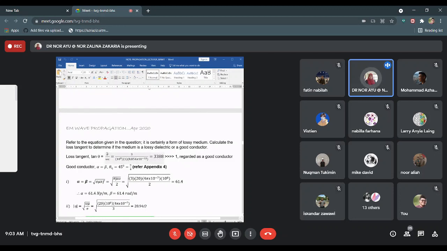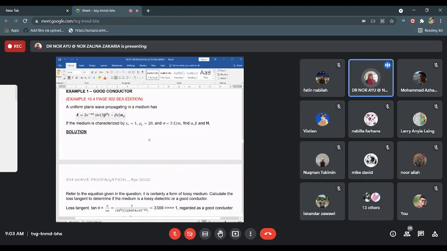You know that the conductivity just now is given to you as 3. Omega you can find from here, 10 power of 8. That will be your omega. And then you have your epsilon.